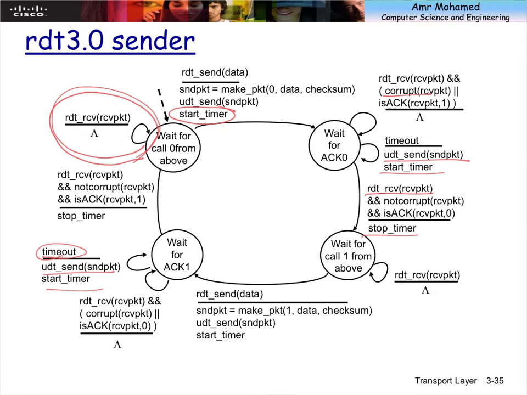Because while I'm trying to wait for acknowledgement 0 to come, I received the acknowledgement 0 and it's not corrupted. So this acknowledgement might be the delayed one, and I actually sent this as a retransmission, and I received the delayed acknowledgement.